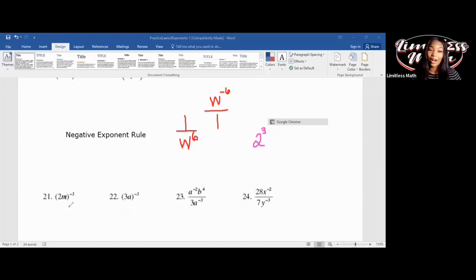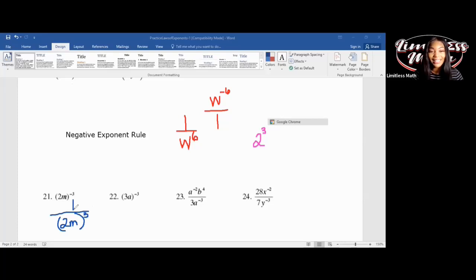As it stands now, I don't see a fraction, so that means it's on top. It's not happy there. Let's move it to the bottom. So keep the same expression, 2m in parentheses, but now that it's on the bottom, the 3 is happy, it becomes positive. And just fill your top with the 1. You do have to put a 1 on top. You can't leave the top empty, okay?